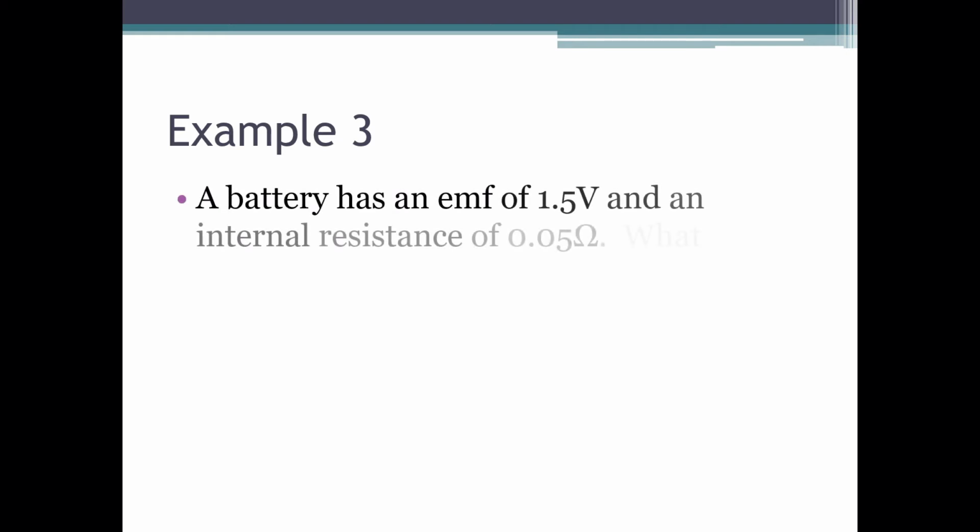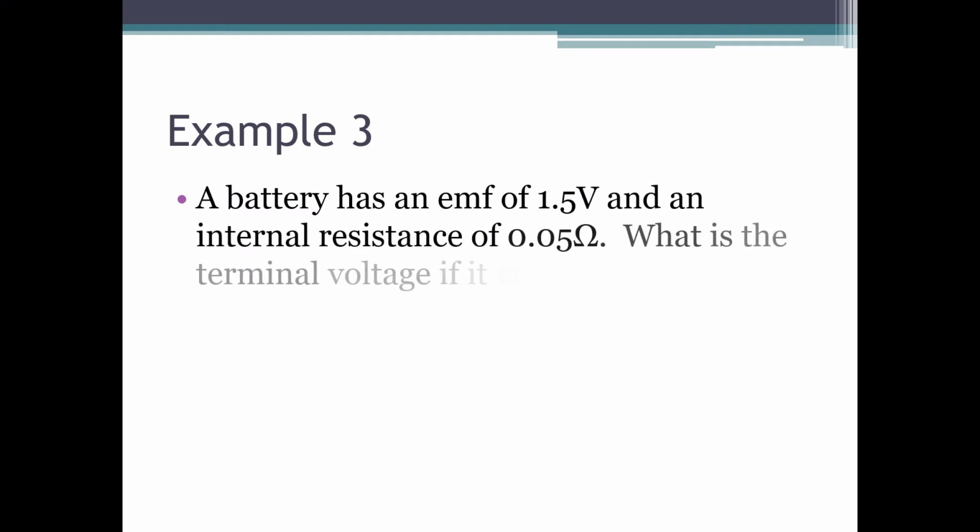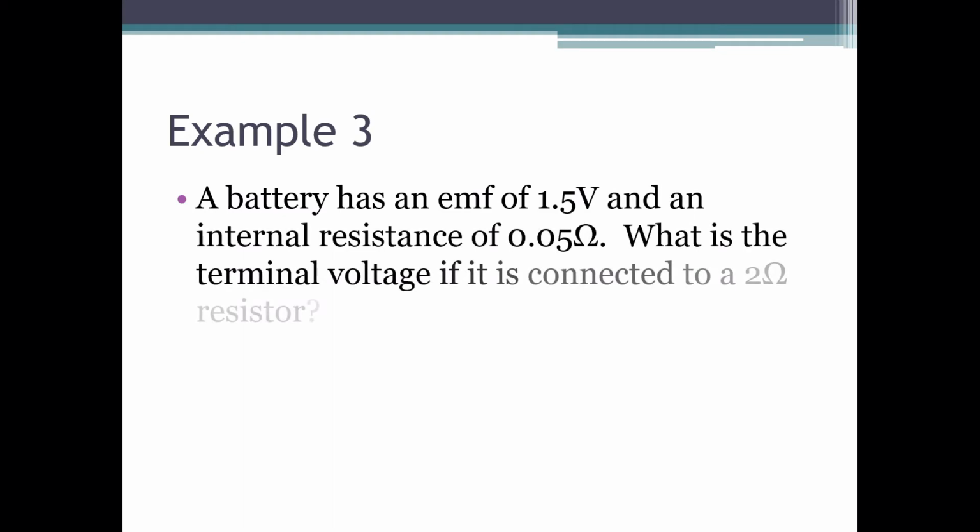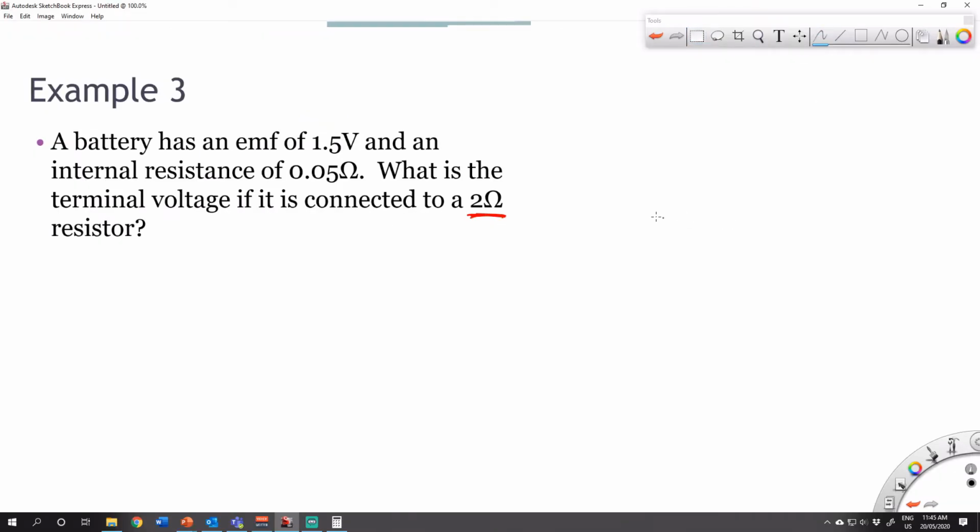Example 3 then. We're given a battery with an EMF of 1.5 volts, so this would be a standard 1.5 volt battery, rated at 1.5 volts. It has a small internal resistance of 0.05 ohms, and we're asked to find the terminal voltage if we connect it to a 2 ohm resistor. I'm just going to draw this out.